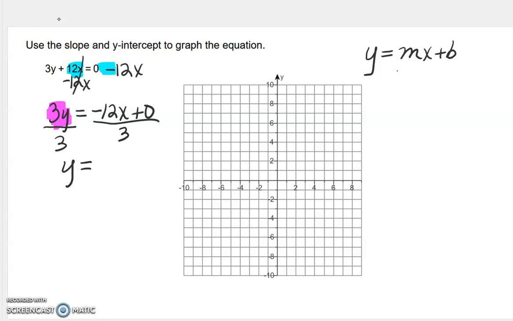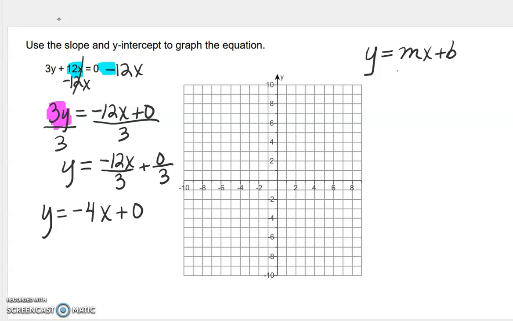Okay, so now you get y equals negative 12x over 3 plus 0 over 3. Let's simplify that. y equals negative 12 over 3 is going to give us a negative 4x and then plus 0. Remember, if your numerator is 0, you're always going to get a 0.